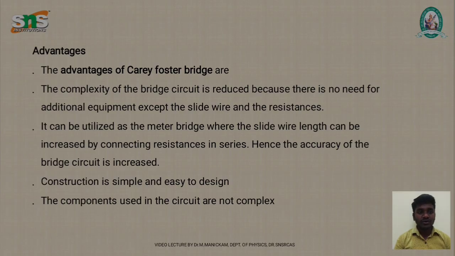We need only four resistances, a 1 meter wire and a jockey, and for the measurement we use the galvanometer to know the balance. Again it can be utilized as a meter bridge where the slide wire length can be increased. If we increase the length of the wire by connecting resistance in series, the accuracy of the bridge increases.